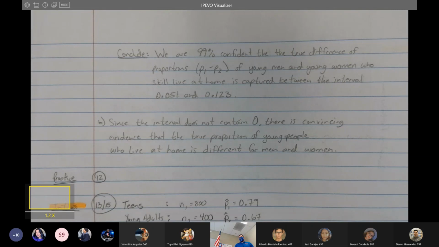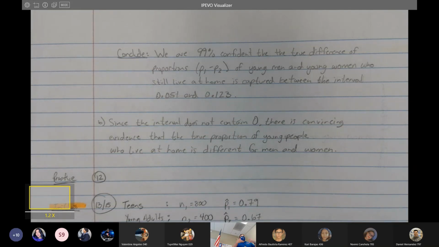That's not what I've been asked. I've simply asked, is there a difference? Does the evidence support that? In this case, it does, because 0 is not a plausible answer. If 0 existed in our interval, then it would be plausible that there would be no difference. In this case, there is a difference, so we're saying that there is.